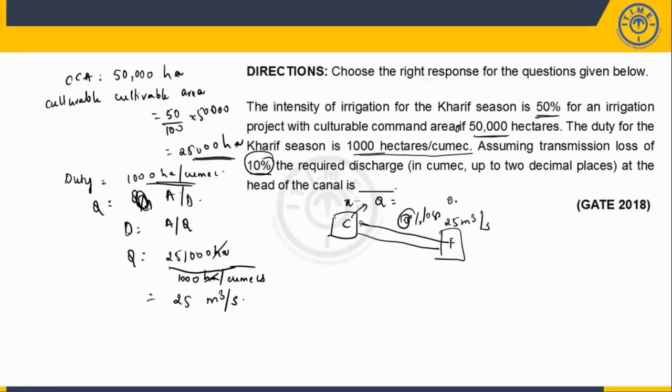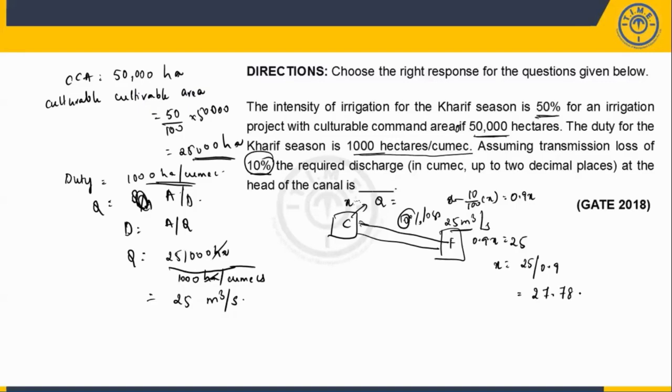X minus 10% of x, which is x minus 10 by 100 of x, so 0.9x. Similarly, if this is x, this is 0.9x. 0.9x is equal to 25. What is x then? 25 by 0.9.